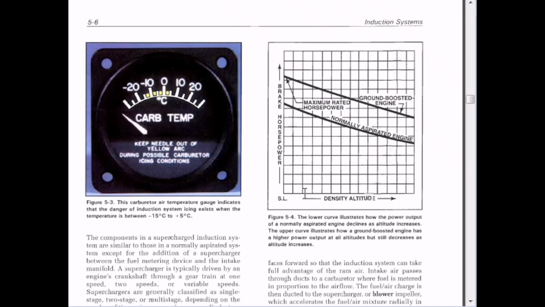Tetapi as you increase in altitude, okay, nampak ni? Ni graf ni power versus altitude. Jadi SL ni maksudnya sea level lah. But as you increase in altitude, what happens to the density? Density low so. Dia akan low in pressure, temperature pun akan low juga.